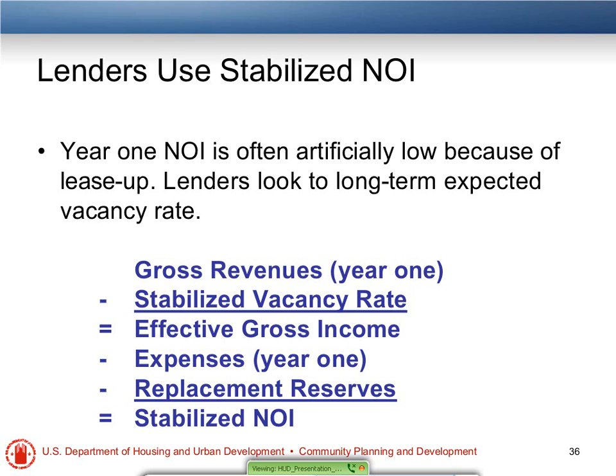So we would use year one's gross rents, but the 5% vacancy rate to come up with effective gross income, subtract out year one's expenses, again, more known, and the replacement reserves required by the lender to come up with a stabilized NOI. And it's this number that the lenders will use to calculate the loan amount based on the stabilized NOI, and it's the stabilized NOI that the appraisers will use to calculate a fair market value.